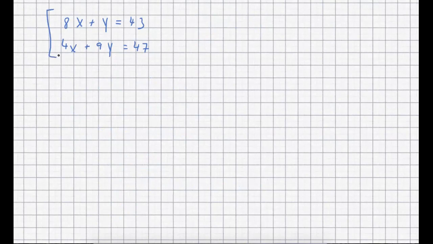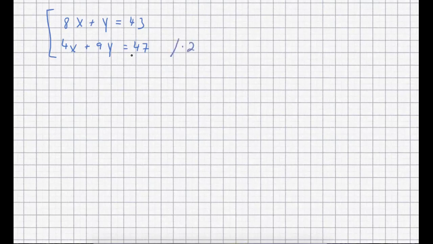Right. So we see here, x has 8 and x here has a 4. We want to make it the same number. So how can we take 4 and make it an 8? We have to times it by 2. Yeah, but we times everything by 2.